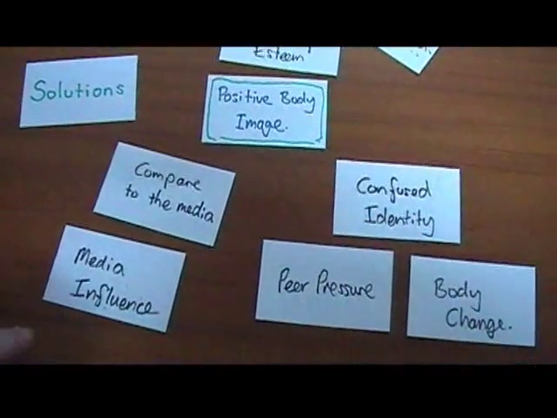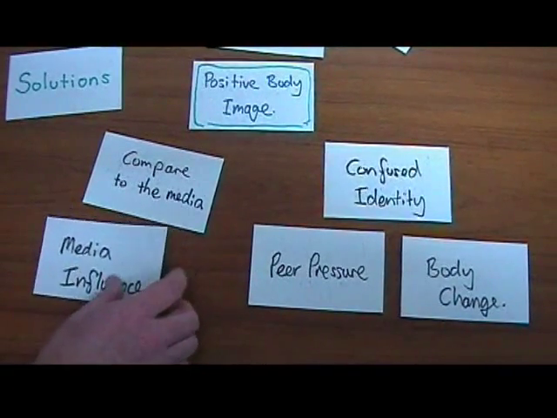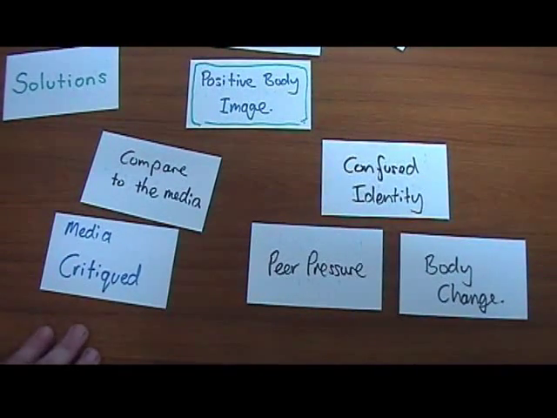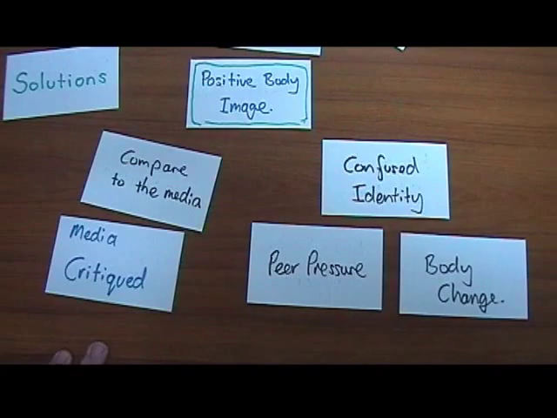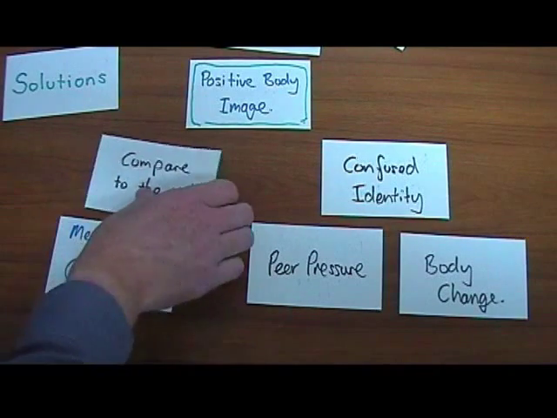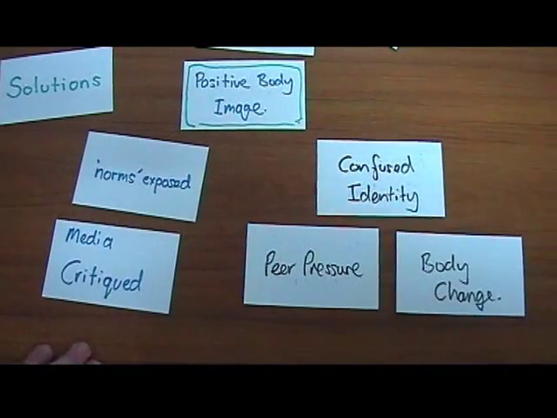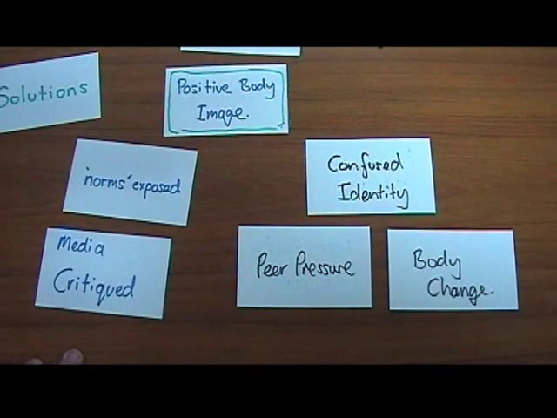So let's look at some of the root causes first. What about media influence? Well, the media can be critiqued, so young people can see and understand what the media might be trying to say to them or manipulate them to think certain things. And from a comparison to the media, we can see that those norms are exposed. And that can lead to a positive sense of body image.